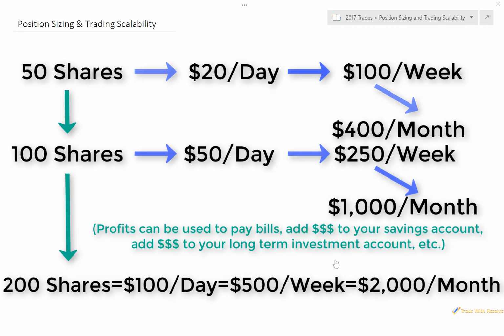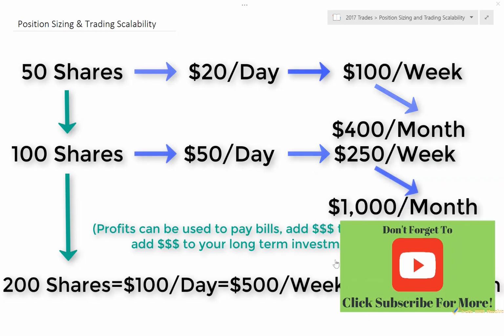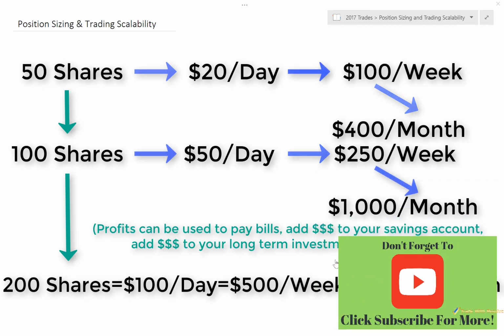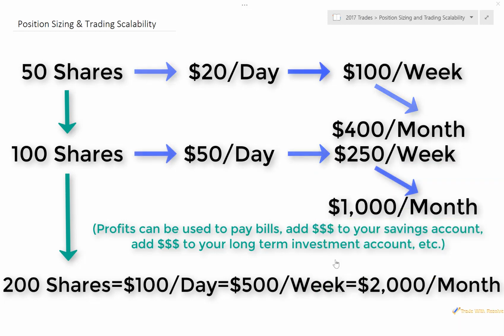Okay, so again, these are just examples of how you can scale up as you gain more confidence and as you gain more experience. So again, with 50 shares, you can pull maybe on average $20 a day from the stock market. With 100 share lots, maybe you can pull $50 a day on average. And then with 200 share lots, maybe you can pull $100 a day from the stock market.